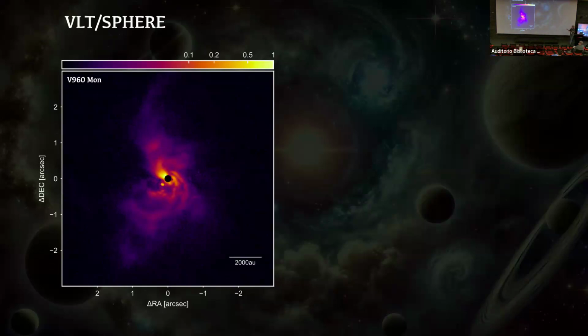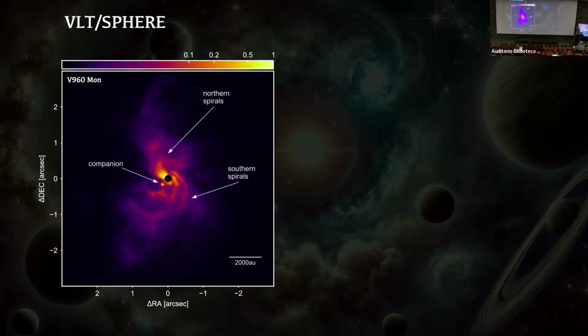And I think if this were at a position of FE Orionis, we'd probably see the inner arcsec of this image just by the limitations that we have from the sphere detector. So here we see this huge environment because the object V960 Mon is at a distance of about 2 kiloparsec.